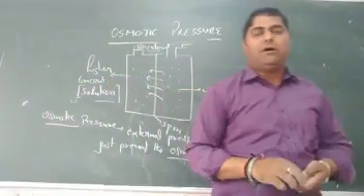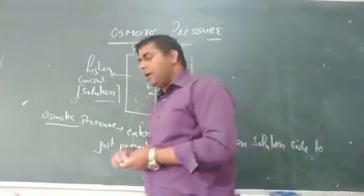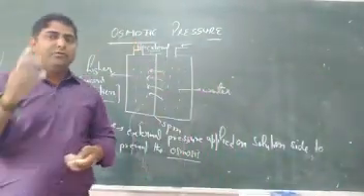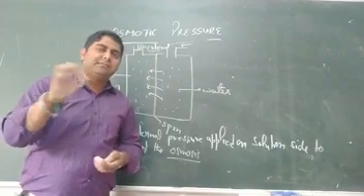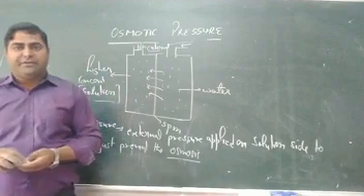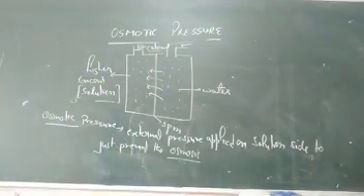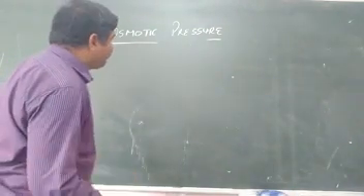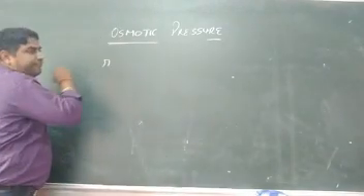Experimentally, it has been found that the osmotic pressure depends upon two factors. It depends upon concentration as well as upon temperature. The osmotic pressure is represented with pi.